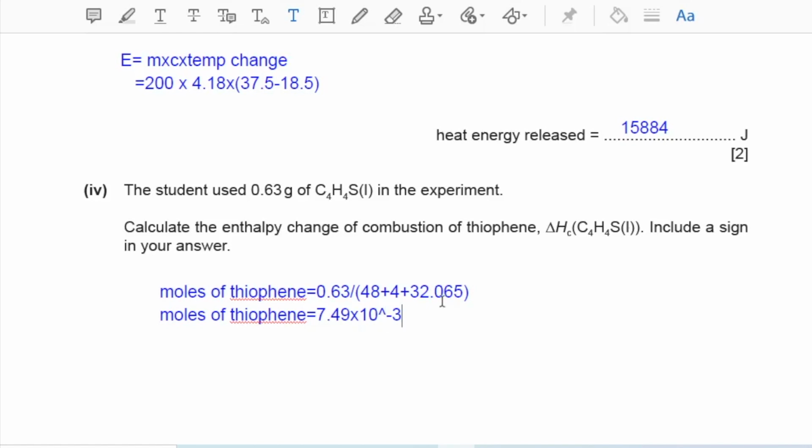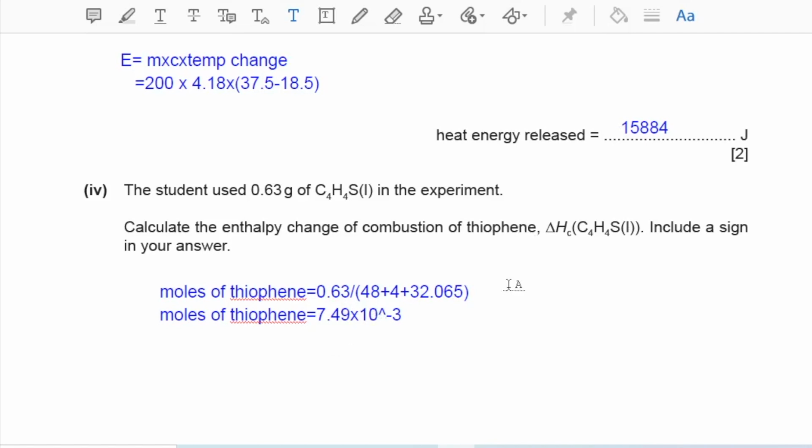Okay, so this means that enthalpy change for 7.49 into 10 to the power of minus 3 moles was 1584 joules. So for 1 mole, how much would it be? Since they're asking you to find the enthalpy change of combustion, which is when one whole mole of substance, which is thiophene over here, completely combusts. Over here, this much energy was provided to combust this much of thiophene.